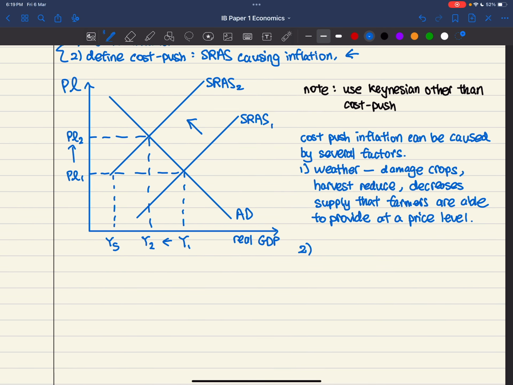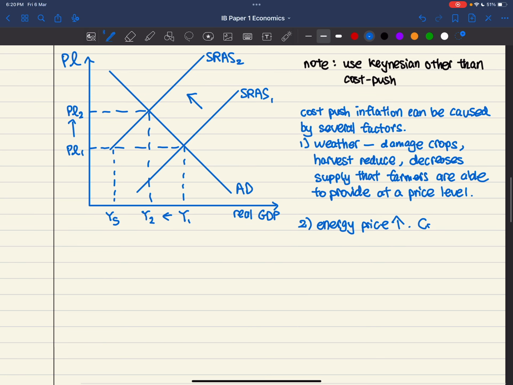Secondly, energy prices maybe. An increase causes cost of production to increase, and therefore a reduction in supply. So these are our 2 points.